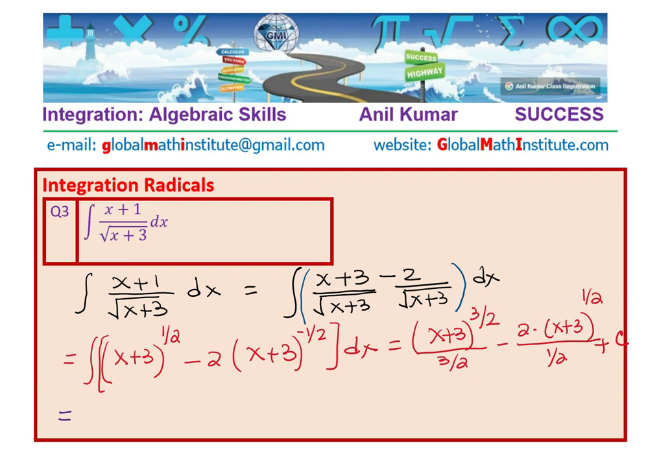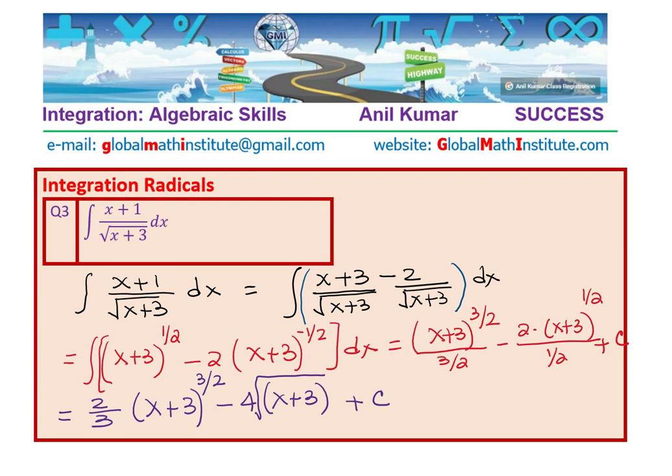So we have 2 over 3 times x plus 3 to the power of 3 by 2, minus 4 times x plus 3 to the power of half. I could write it like this, plus the constant c. Makes sense. So that is how we are going to find the integral of such expressions.